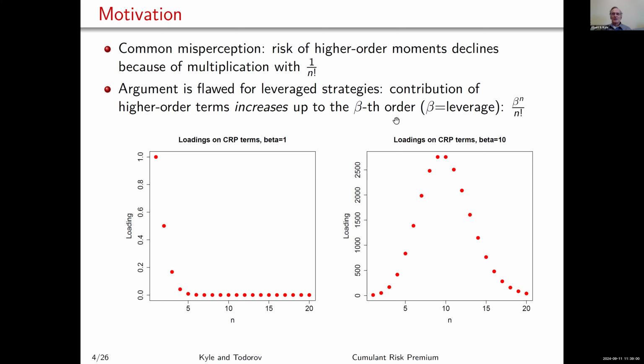But if you're talking about a higher level of beta, like a beta of 3, you really need to realize that these higher order terms have a beta to the nth power that you see here. And that beta to the nth power means that these higher order terms are becoming quite important. So hypothetically, if you had a beta of 10, these higher order terms would potentially increase in importance all the way out to about n equals 10. Whereas with beta equals 1, they do indeed, as the first plot shows, die out really quickly.